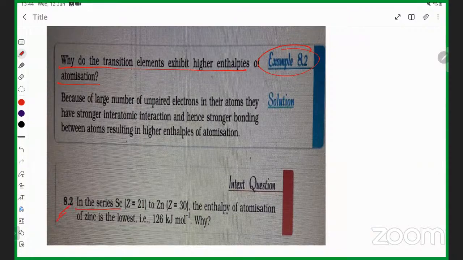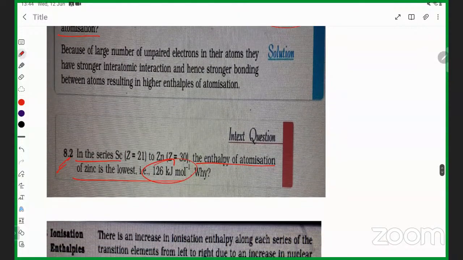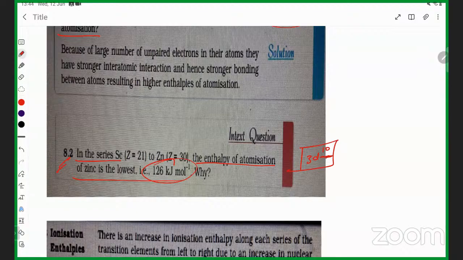In the series scandium to zinc, the enthalpy of atomization of zinc is the lowest, 126 kilojoules. Reason? The number of unpaired electrons increases only up to chromium. In zinc, the number of unpaired electrons is 0. The configuration is 3d10, with five d orbitals all paired, so there is no unpaired electron.